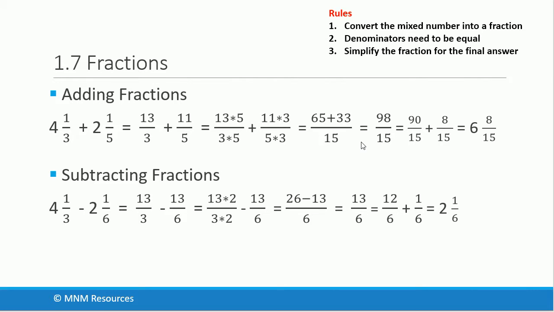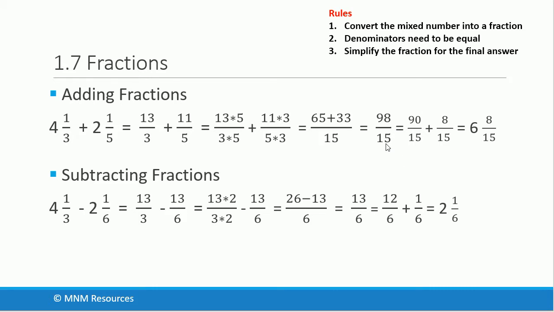So that's step 2 or rule 2. The third thing that you need to remember is that the final answer needs to be a simplified version of the fraction. So in this particular example, when you add 65 and 33, you get 98 by 15. 98 by 15 can be simplified into a mixed number.